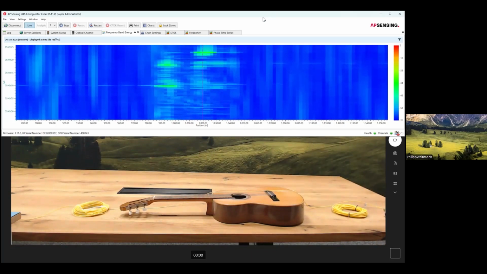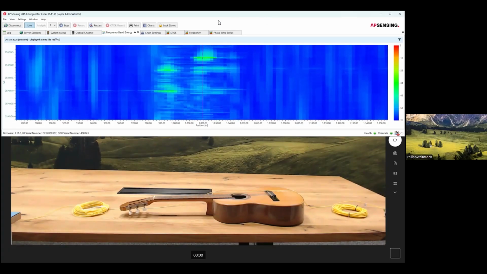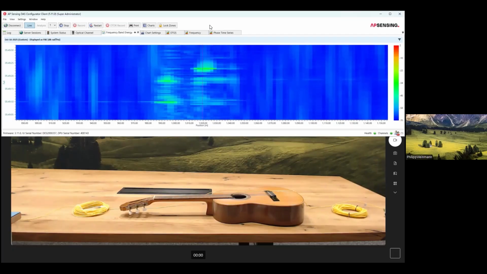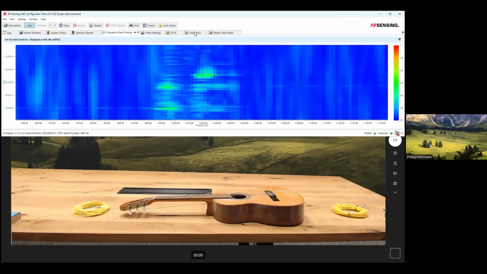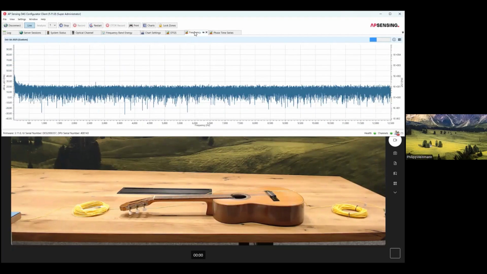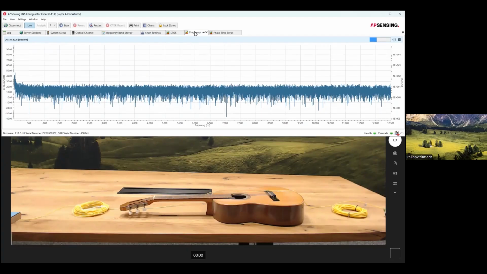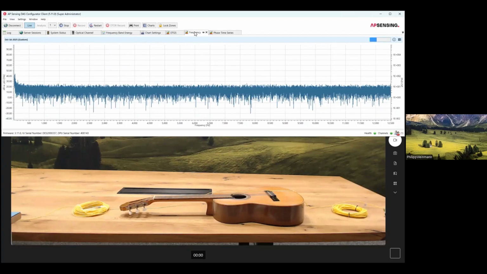And then I will have a look at the Fourier transform of the phase signal coming from the guitar. So here we see the Fourier signal. I have configured it such that it uses 3 seconds of phase data to generate an FFT.